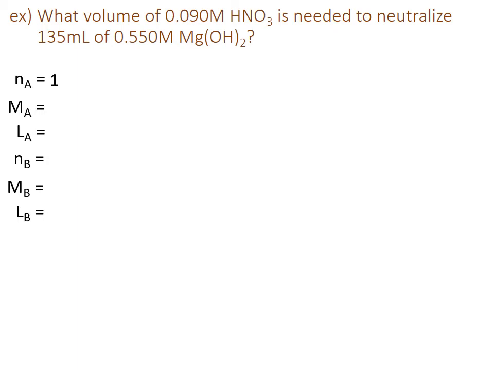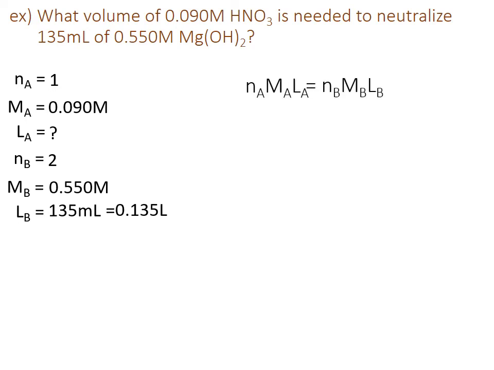The concentration of the acid is 0.090 molar, and the liters needed to neutralize the base, that's what we're looking for. Nb equals 2 because magnesium hydroxide makes 2 hydroxide ions. The concentration of the base is 0.550 molar, and we are using 135 milliliters of that base, which has to be put into liters, so that is 0.135 liters.